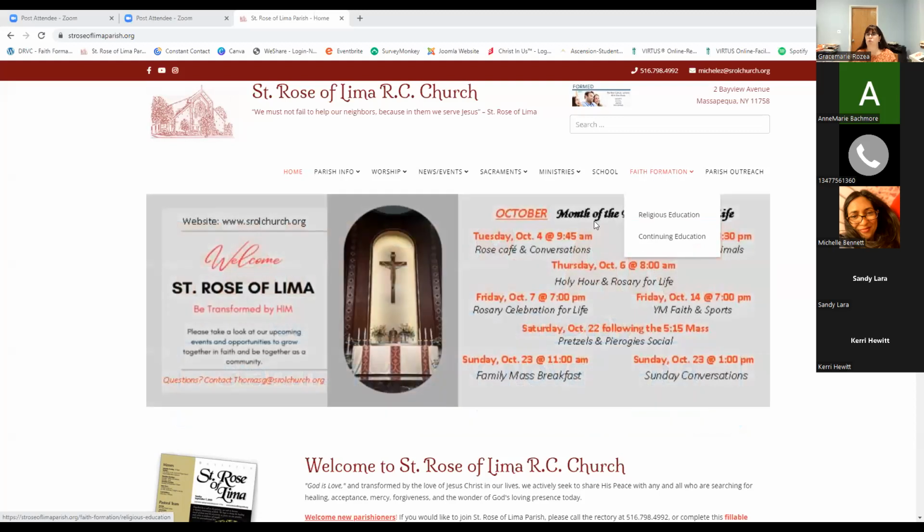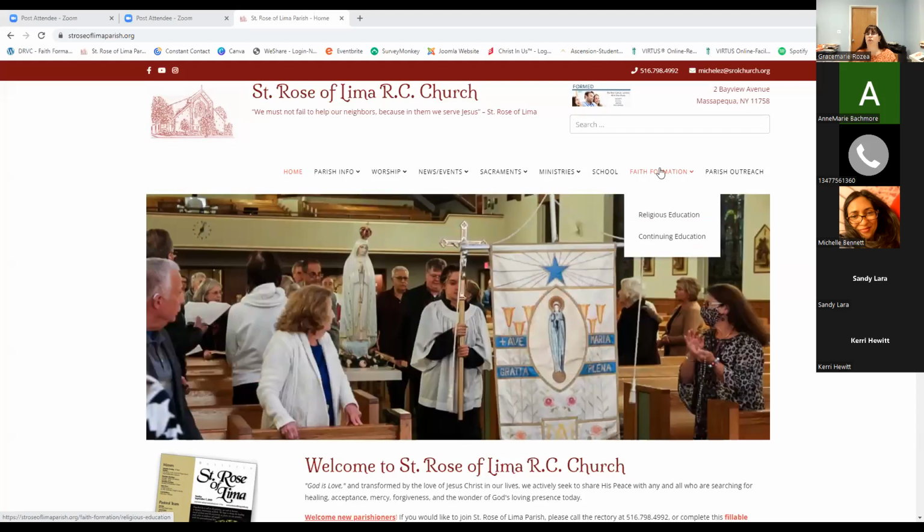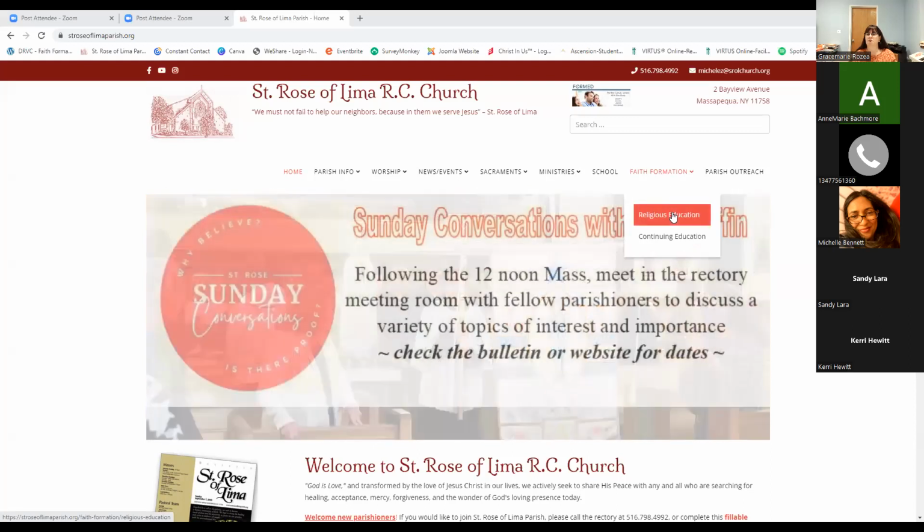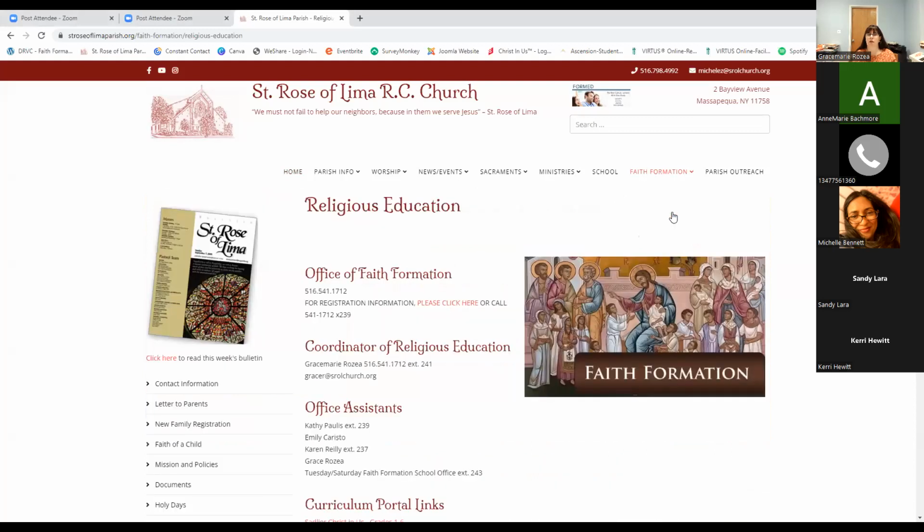You see there's a toolbar across the front: faith formation and then religious education. When I click on this, it's going to take us to a different page. Can somebody just put in the chat box that you can see the different page? I just want to make sure that the screen I'm showing you is what you're seeing.